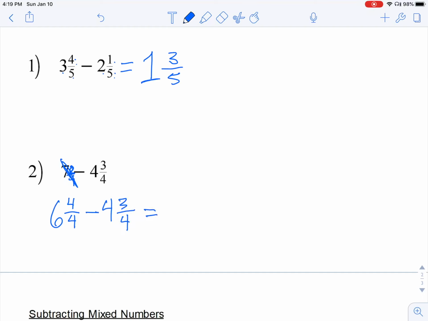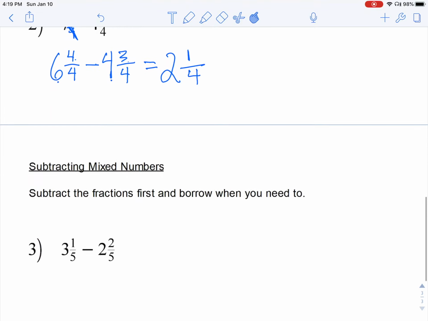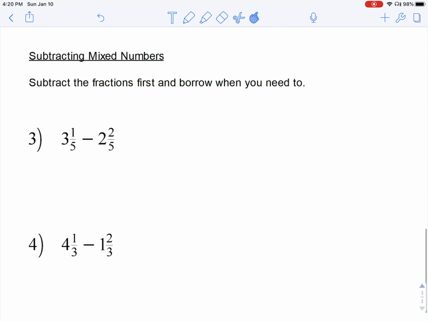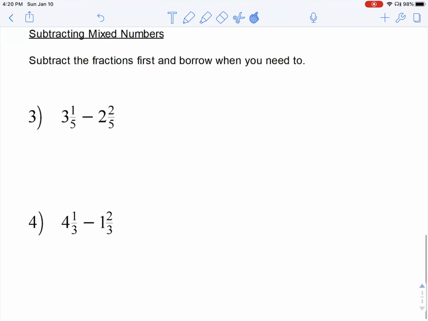Now I'm in business. Fractions first. 4/4 minus 3/4 is simply 1/4, and 6 minus 4 is 2. 2 and 1/4. Okay, we got a couple more, and I think I made both of these borrowing to stretch your brain and have you practice that.